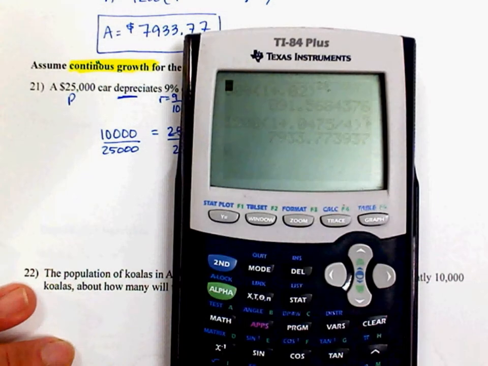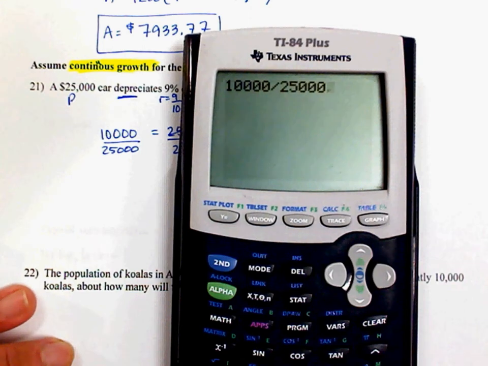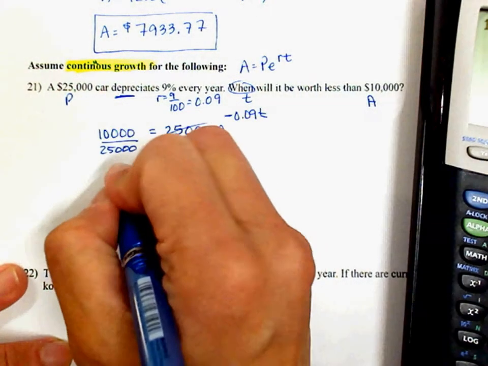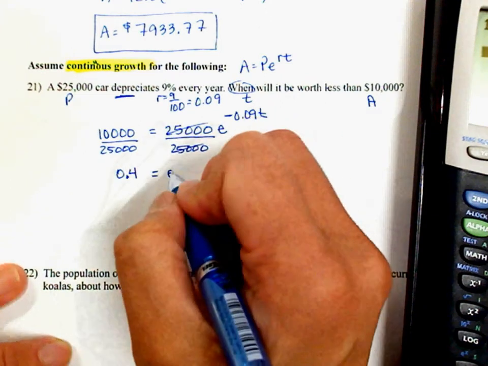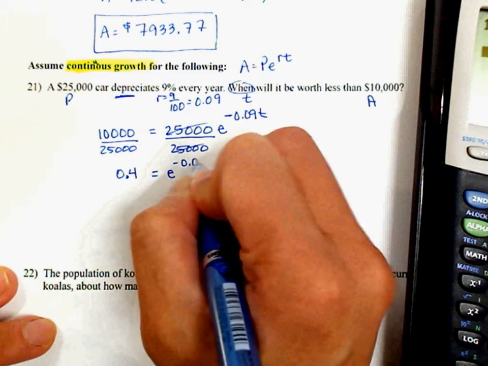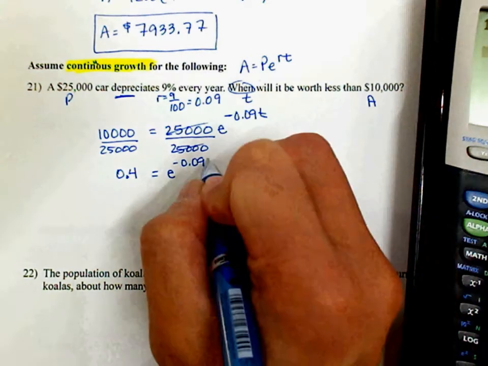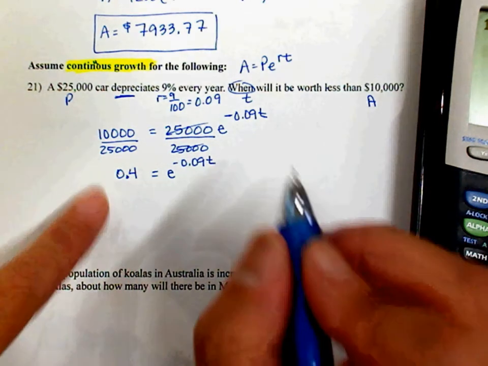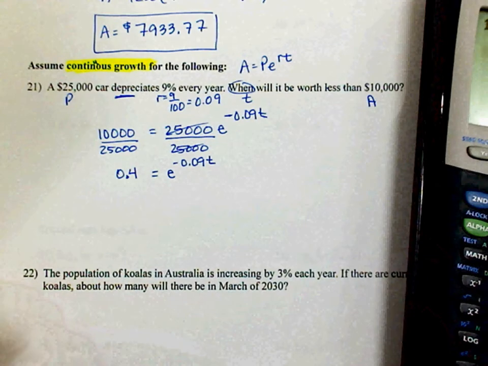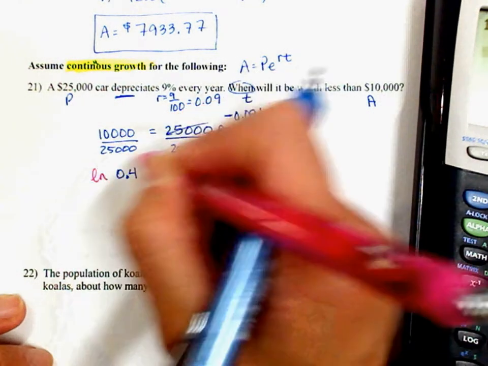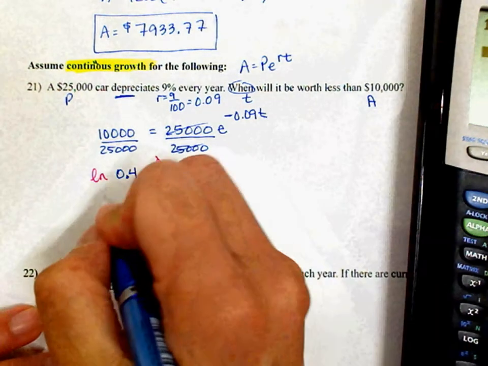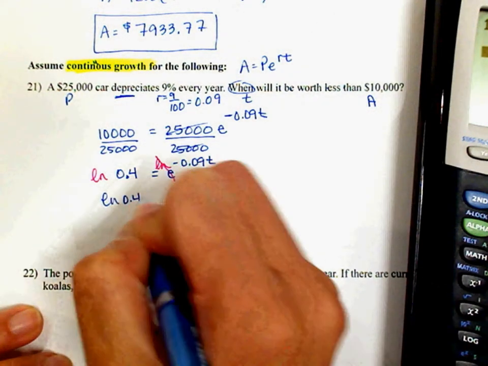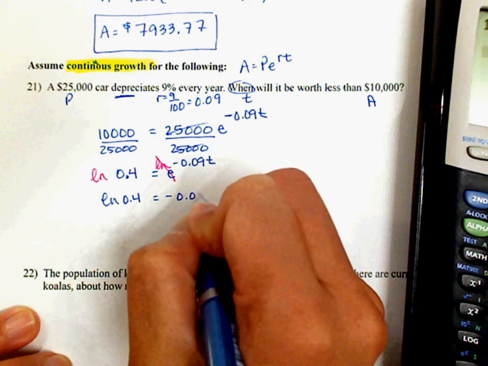So 10,000 divided by 25,000 comes out to be 0.4 equals e, Euler's number, raised to a negative 0.09 times t. E is a natural log, so I'm going to take natural log of both sides, and that cancels that out. So now you have natural log of 0.4 equals negative 0.09 t.